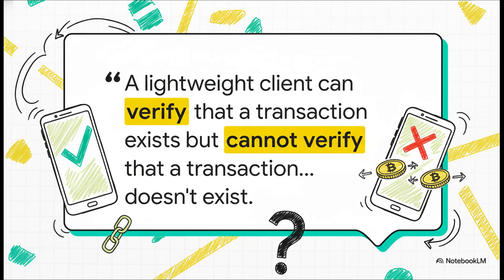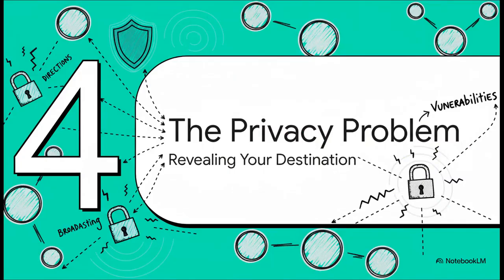And right here, this is the most important takeaway. Your phone is fantastic at proving a transaction exists. But because it doesn't have the full map, it has no way of proving that a conflicting transaction, like someone trying to spend the same money twice, doesn't exist. It can see what's there, but it's totally blind to what isn't. And that blindness leads us straight to the hidden costs we talked about. By constantly asking other nodes for directions, hey, can you tell me about this transaction?